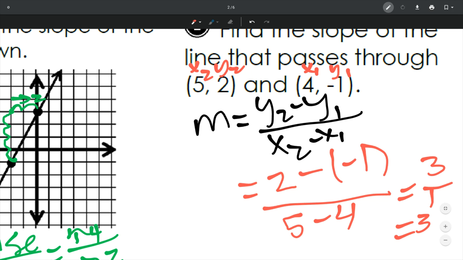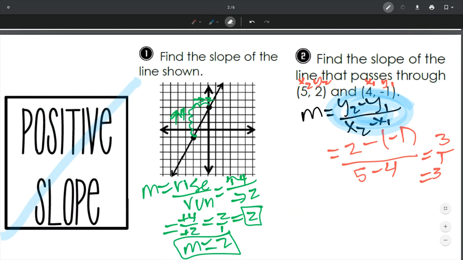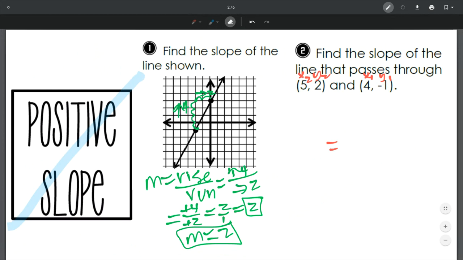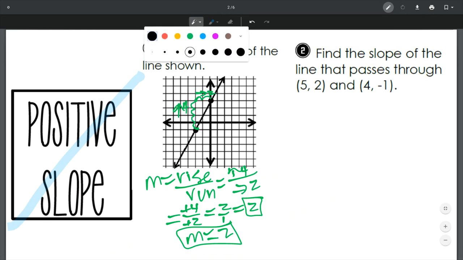Now, if you're doing all of that and you are lost because you don't understand this formula, I have a tiny little hack for you. I'm going to erase this. Your hack is going to be pretty simple.